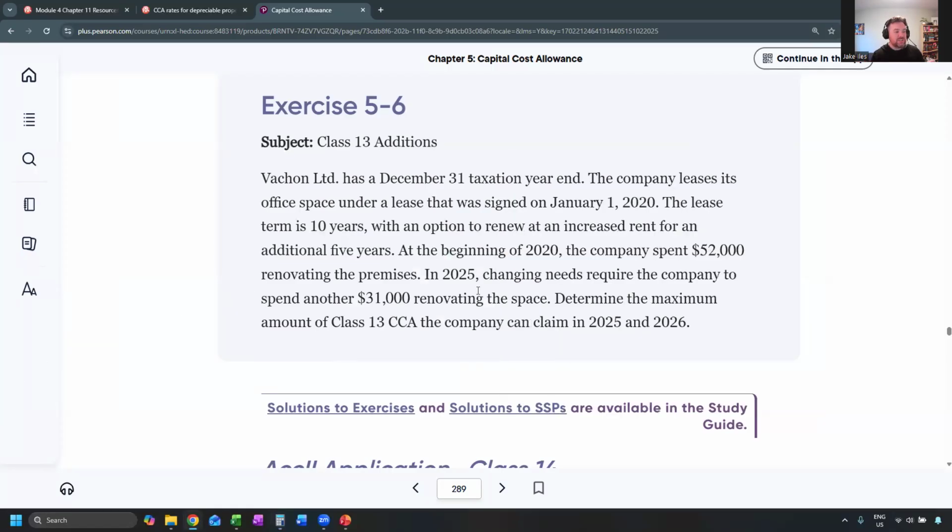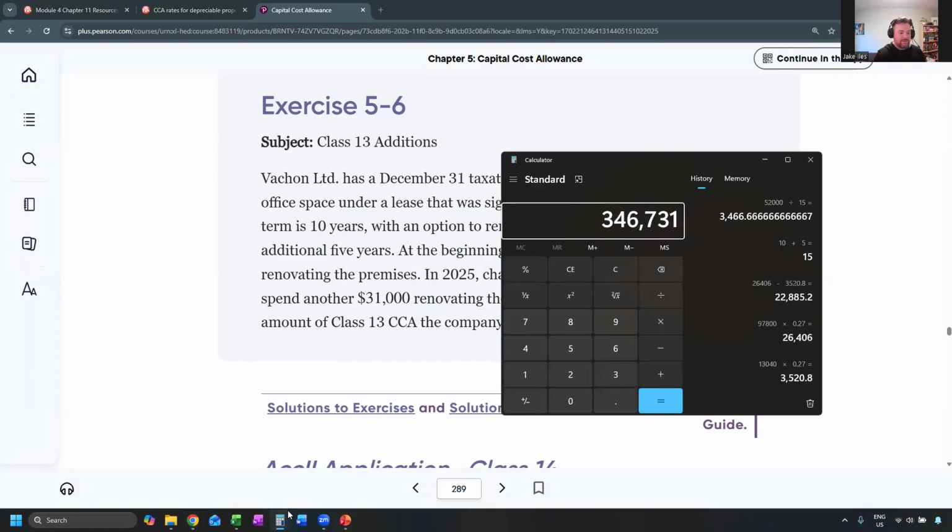But 5 years later, we renovated the space for an additional $31,000. So we have 31,000, but it's no longer 15 years because 5 years have passed. Any renovation we do here will be lost at the end of the lease, and that lease is only 10 years away.